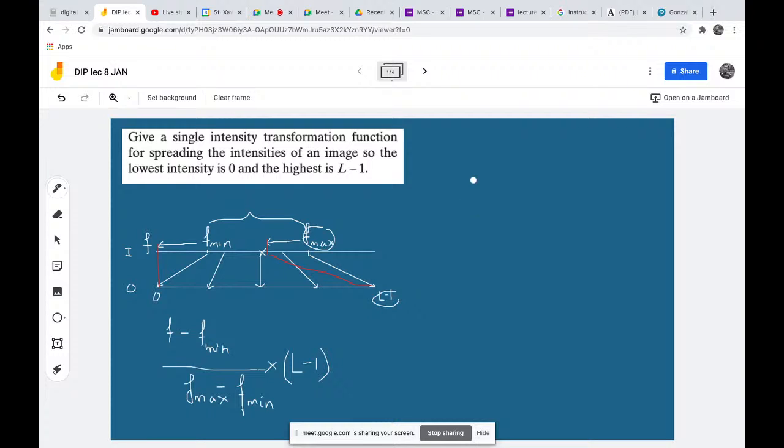For example, if this is my input plane and this is my output plane, and f min and f max are not symmetrical about this axis, suppose they are lopsided on one side, then this will scale here, this will scale here. The center of this will go to the center of this one. So that is the third test that one can perform.